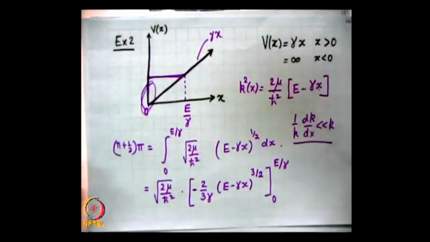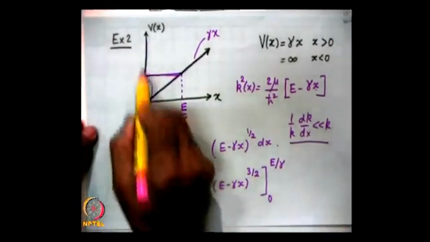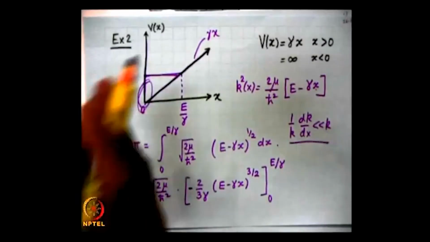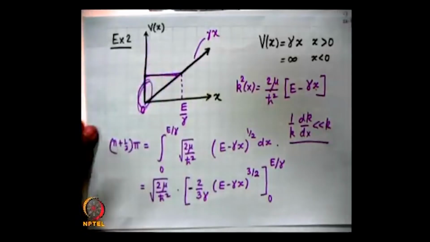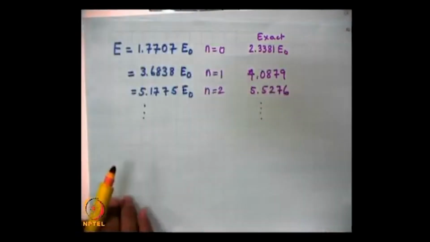We start thinking like this: at this point V of x is infinite, and therefore the wave function must be 0. So, we think of a wave function which goes to 0 at x equal to 0.